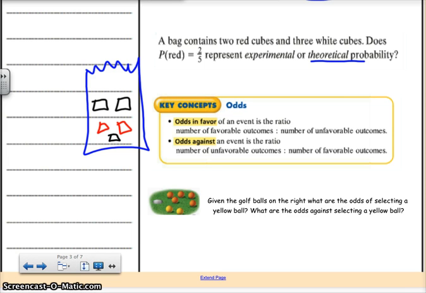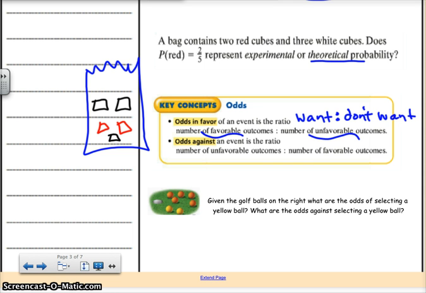Okay, odds. This is the ratio. This is talking about like lottery winnings, things like that. The odds in favor: you do the number of favorable to the number of unfavorable. That means what you want to what you don't want.